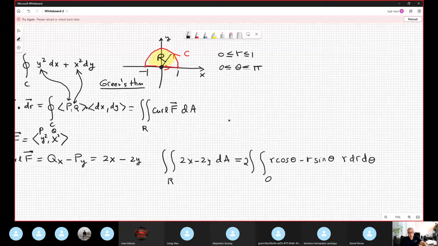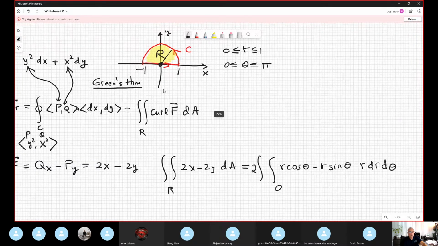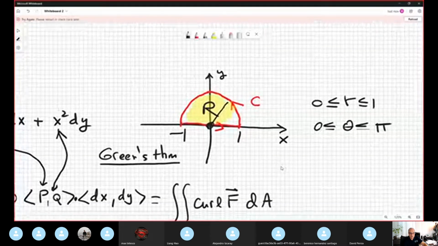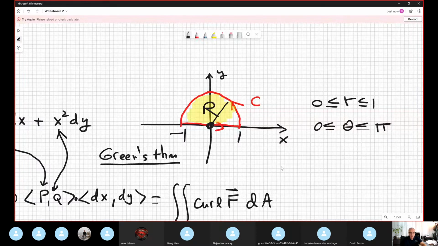Could you explain how you got that graph just really quickly? Okay, of course. Let me try to do my best. Look, in polar, my problem is reduced to the double integral in that region. Remember, in polar the integration is different.